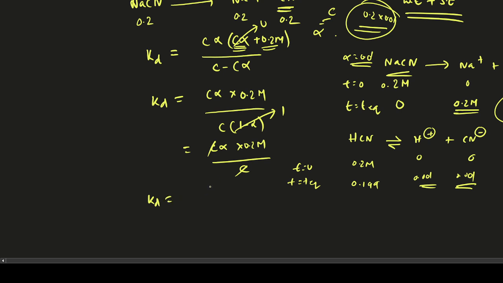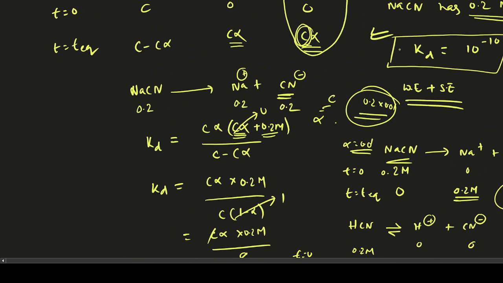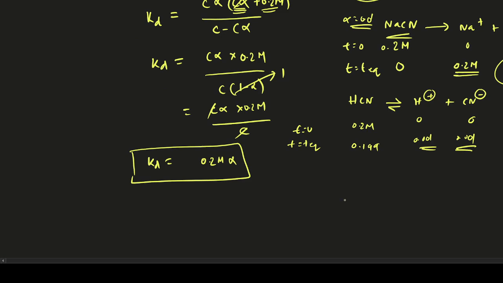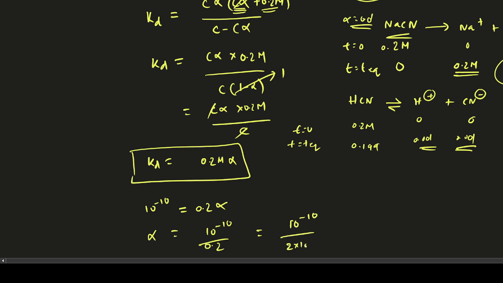So Kd equal to 0.2 molar times alpha. This is the value of Kd, and if it is given that Kd is 10 raised to minus 10, then 0.2 molar times alpha, so alpha has to be 10 raised to minus 10 divided by 0.2, that is 10 raised to minus 10 divided by 2 into 10 raised to minus 1, that is 10 raised to minus 9 divided by 2.